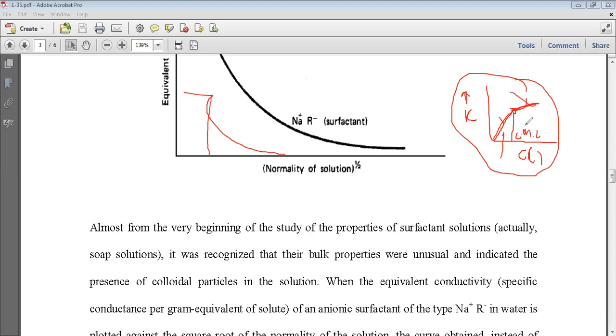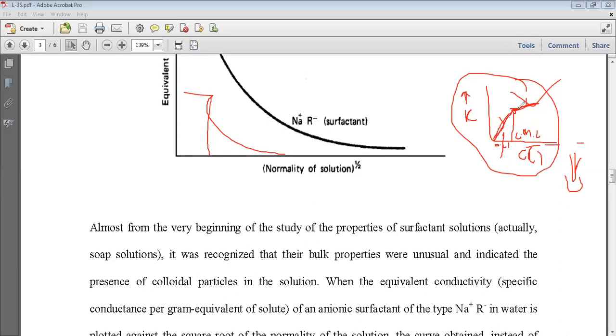Suppose you are using a simple conductometer. You take an aqueous solution in a beaker and dip the electrode in it, and add the surfactant in small amounts: first 0.001 millimole, then 0.02, 0.04, and so on, taking different concentrations.